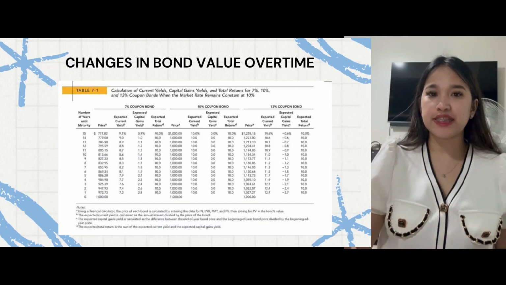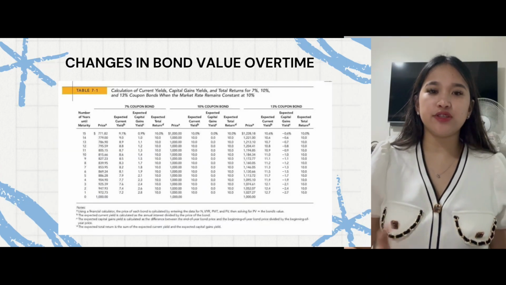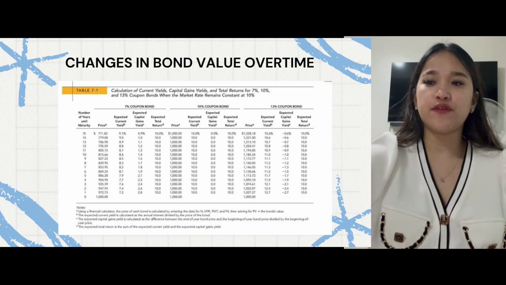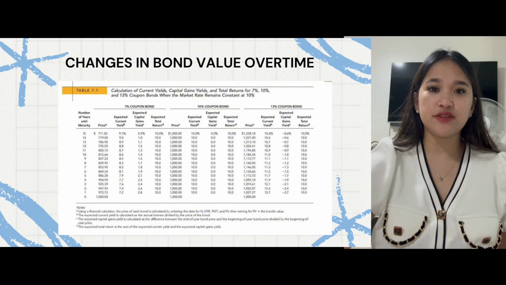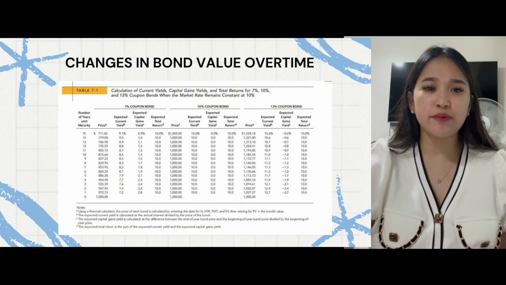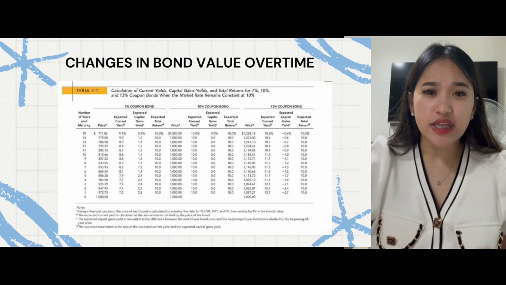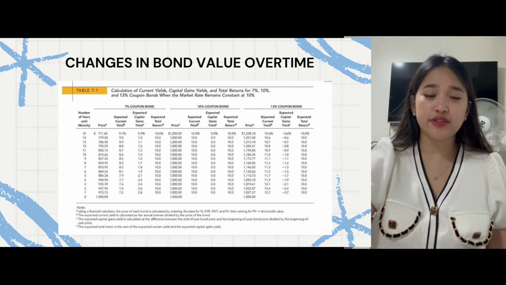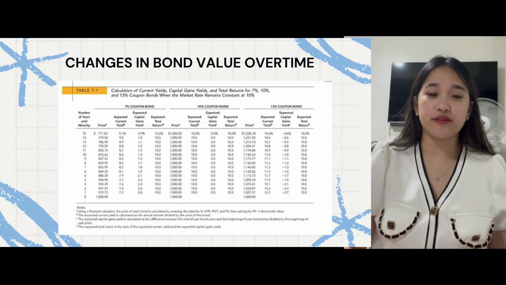So for the next slide, we have the changes in bond value over time. We have here the table of calculation of current yields, capital gains yields, and total returns for 7%, 10%, and 13% coupon bonds when the market rate remains constant at 10%.